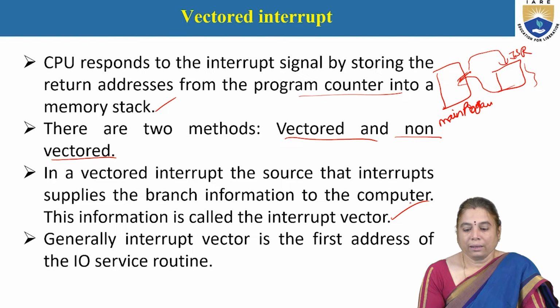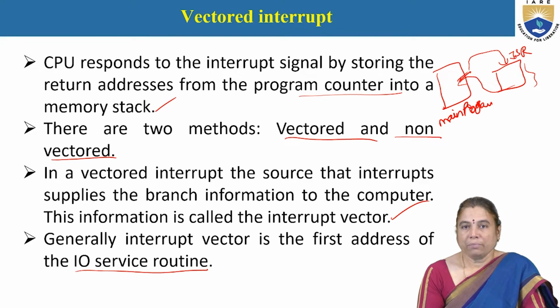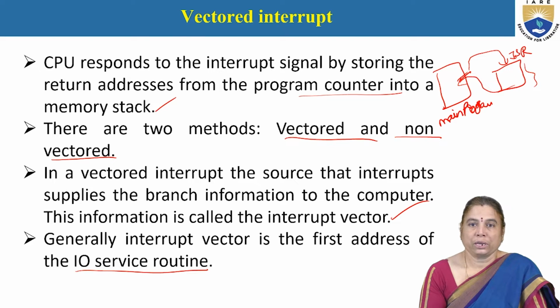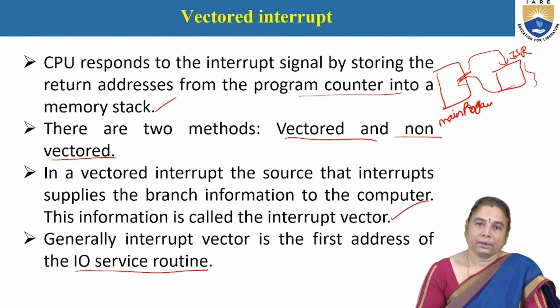Generally, the interrupt vector is the first address of the IO service routine, so that it can be easily detected and the return address fetched to resume the main program execution whenever an interrupt happens. That is generally referred to as a vectored interrupt.